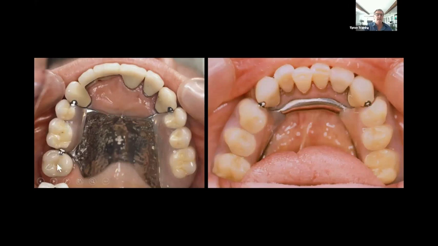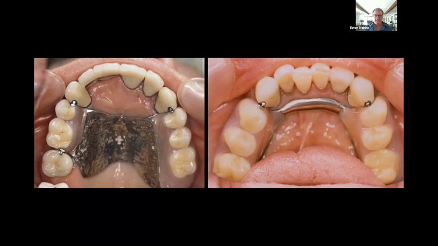And yes, I could easily place a fixed bridge or fixed movable bridge on this side, but I'm struggling to do anything on that side. So the patient's going to have to wear a denture or have some implants in any case. So there's no point in a situation like this if the patient says, I don't want implants. There's no real way that you can put 3 teeth back in that area other than with a partial denture.